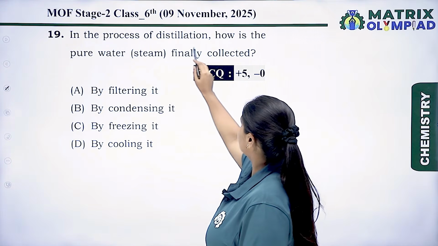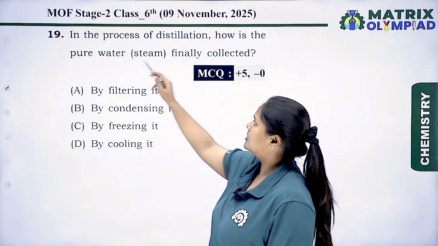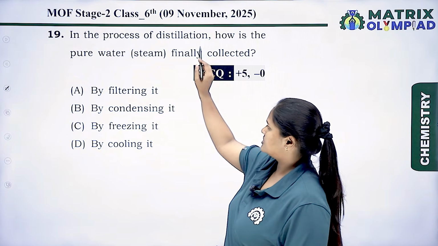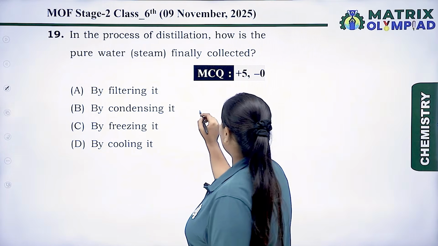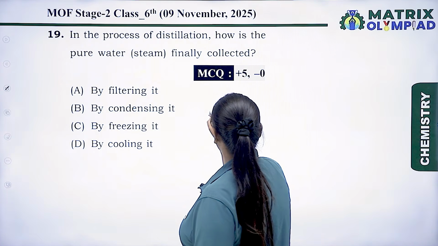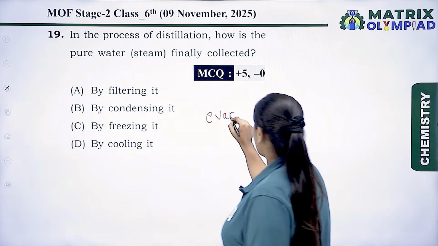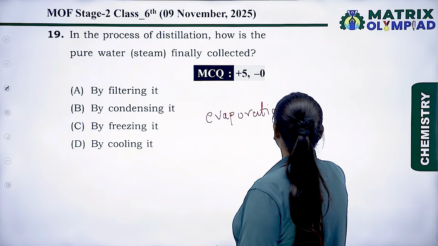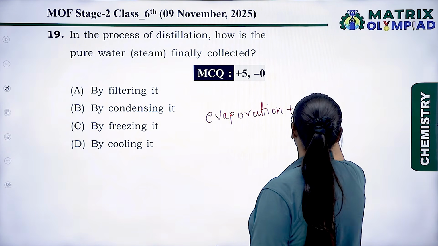In the process of distillation, how is the pure water steam finally collected? In the distillation process, there are two separating techniques. First is evaporation and second is condensation.